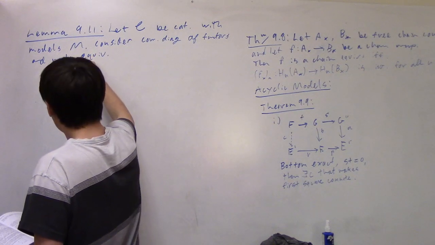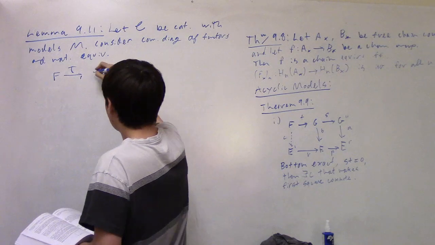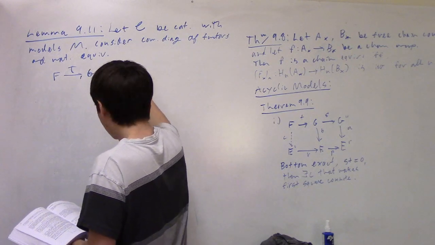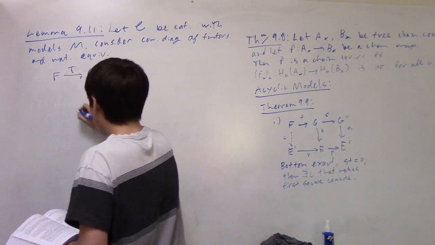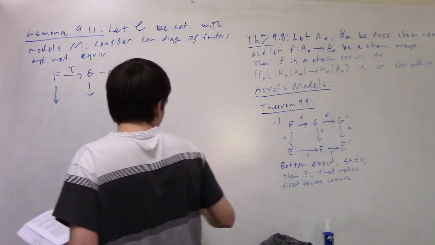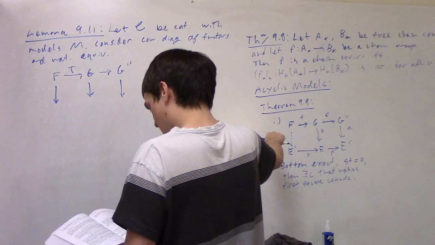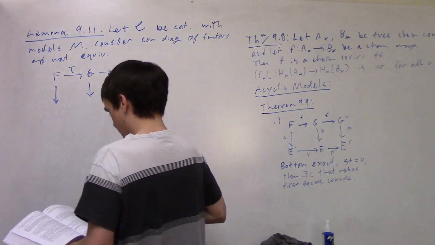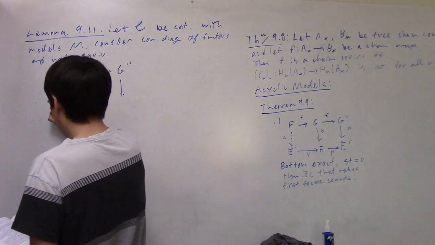Point is, as I think you'll see, this is essentially the version of theorem 9.9i, but with functors and natural transformations.